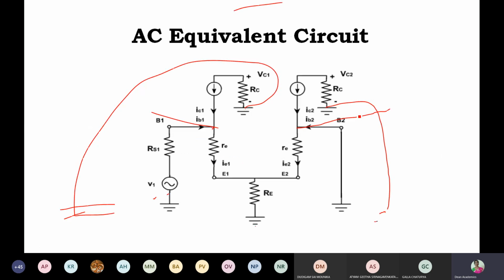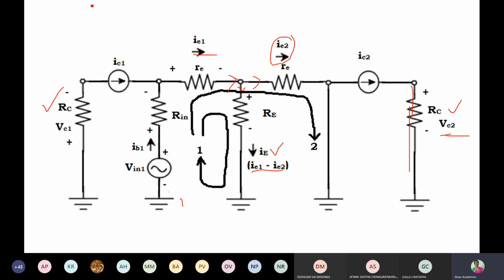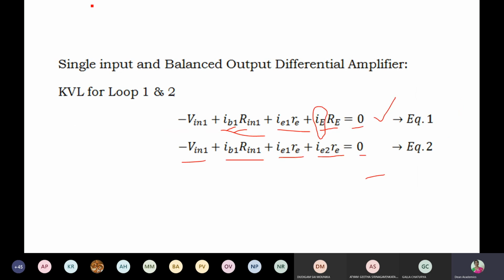We have drawn the equivalent circuit, and from this circuit we have just pulled at this junction and drawn the equivalent circuit like this. After drawing this equivalent circuit, we have written two KVLs, loop 1 and loop 2, and like that we got two equations, equation 1 and equation 2.